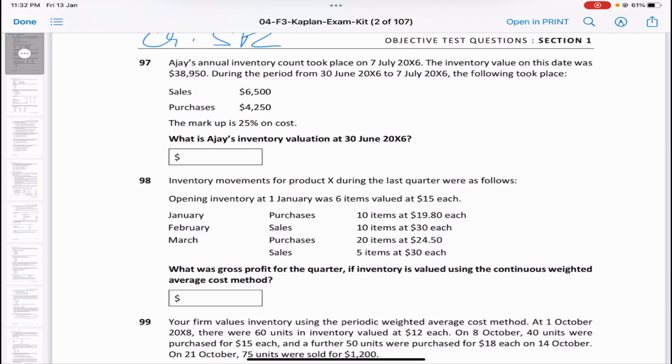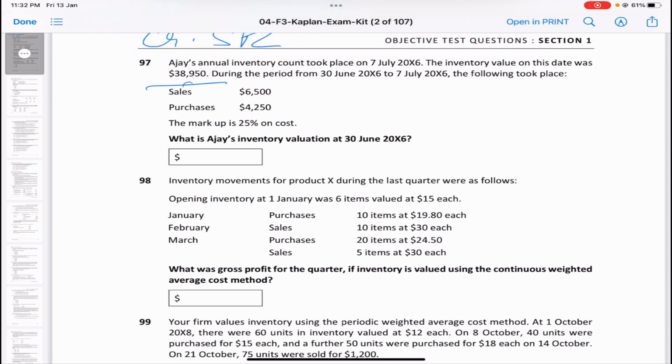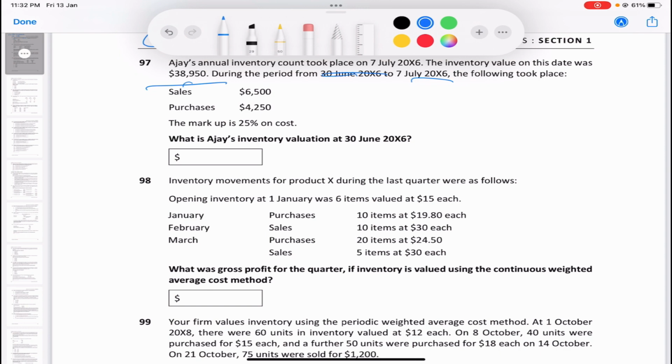Ajay's annual inventory count took place on 7 July 2006. The inventory value on this date was 38,950. During the period, the following took place: sales, purchases. The markup is 25% on cost. What is Ajay's valuation?